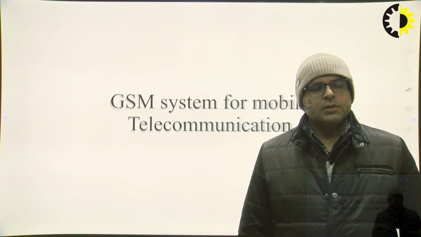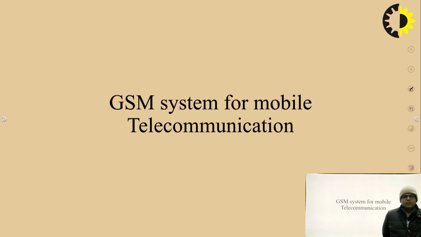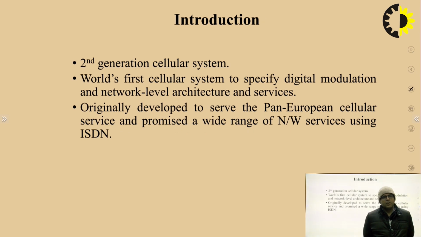The global system for mobile communication is a standard for wireless communication and it is widely used across the whole world. Basically, the GSM system was implemented in Europe. Prior to GSM, the European continents used different standards for communication purposes.